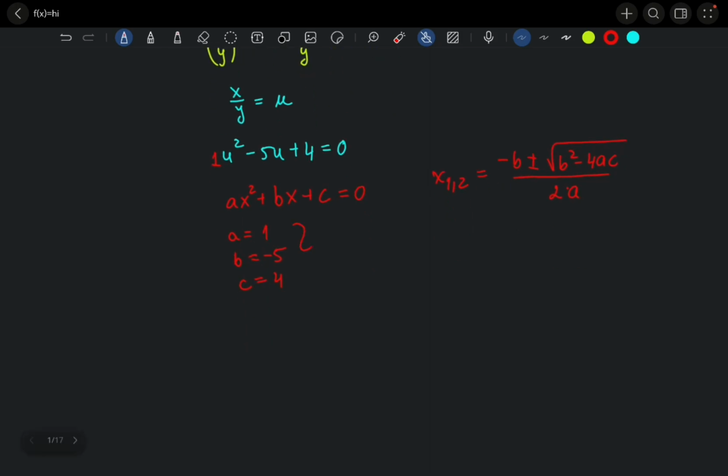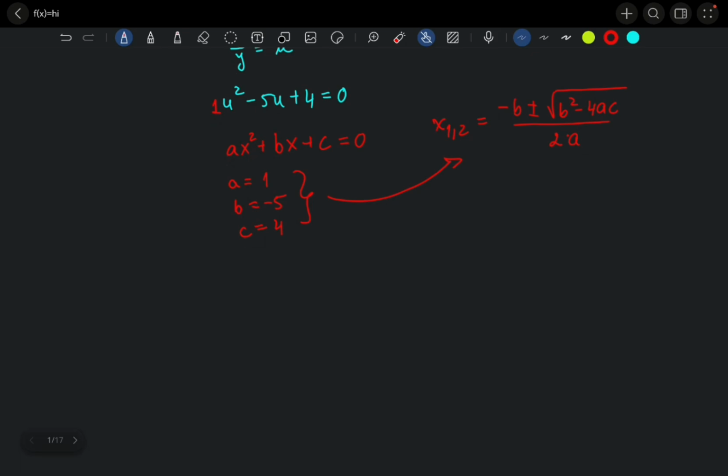By substituting those into our formula, we get that u1 or u2 will be equal to -5 plus or minus the square root of -5 squared minus 4 times 1 times 4, over 2 times 1.